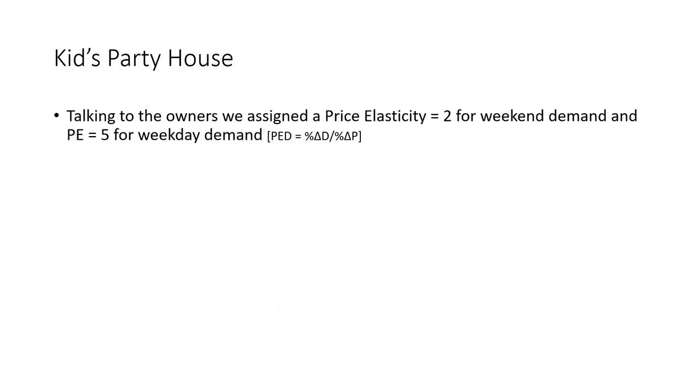So talking to the owners, we assigned a price elasticity of demand equal to 2 for the weekend demand. That's not very elastic. And then we assigned a price elasticity of demand of 5 for the weekday demand, where the price elasticity of demand is equal to the percentage change in demand when price changes.